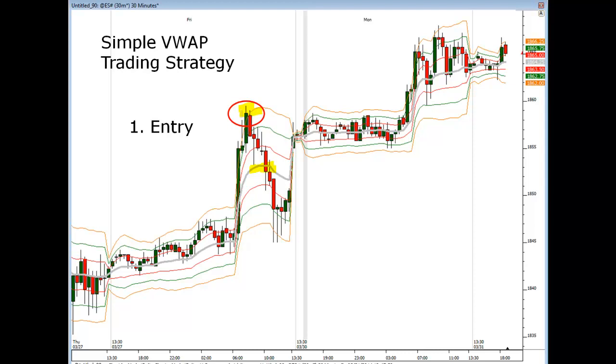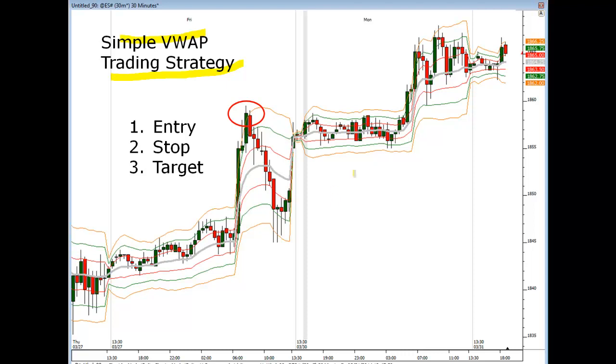The stop is very easy. So we got our entry, and now we know where our stop would be, and we've also identified our target. So very simple VWAP trading strategy, simply based on the range of fluctuation of prices away from the VWAP.